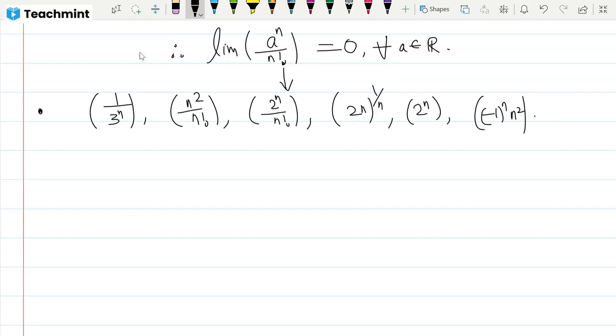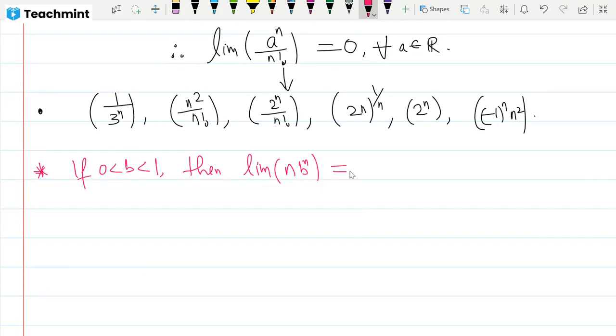Okay. Now I'll take one more important problem. This is important. This also appeared in the previous examinations. The question is this: if 0 is less than b is less than 1, then what is the limit of n into b power n?